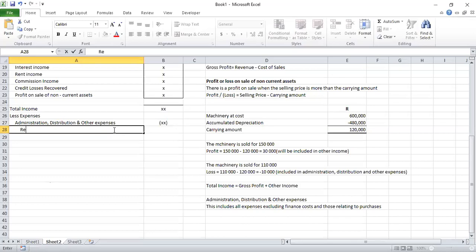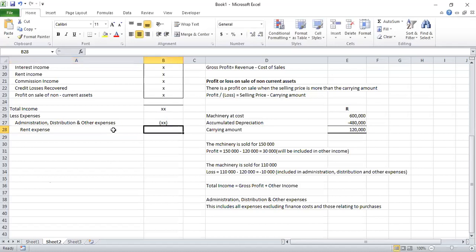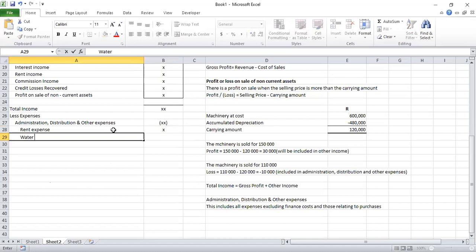Rent expense. Maybe you don't have your own building and you are renting, so you have to pay rent. We have water and electricity. We have commission expense.